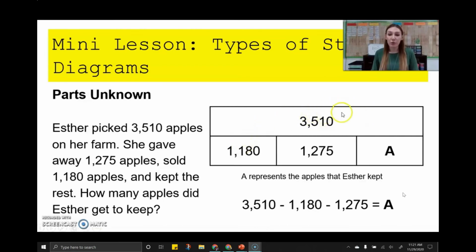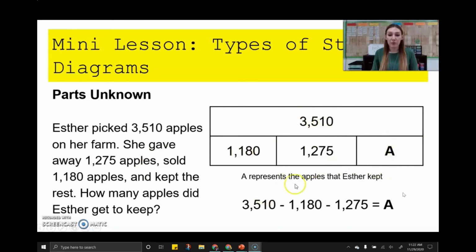So we do have a total in this question, so that means we're going to be looking for a part. Because our parts are not equal, we know we're not going to be dividing, so that means we're going to be subtracting. So we're going to let the variable A represent the apples that Esther kept. I know that because I'm starting with a total, I need to take away these parts in order to find my missing part.